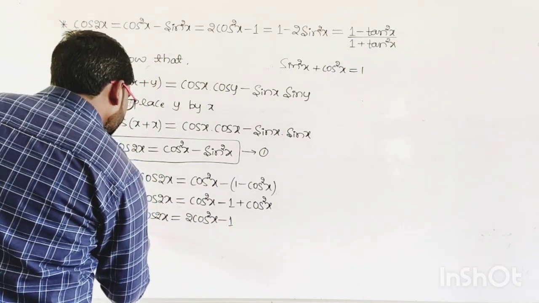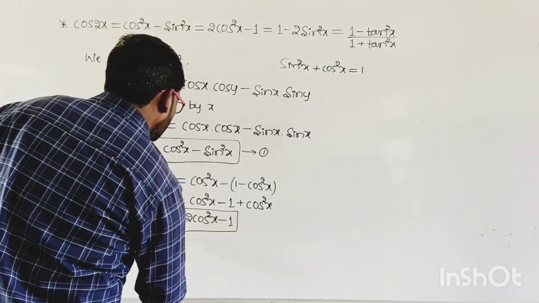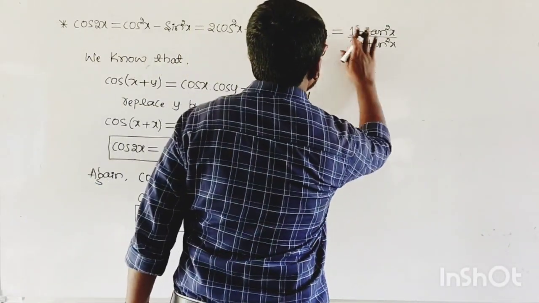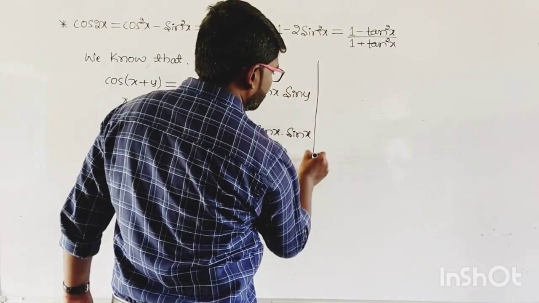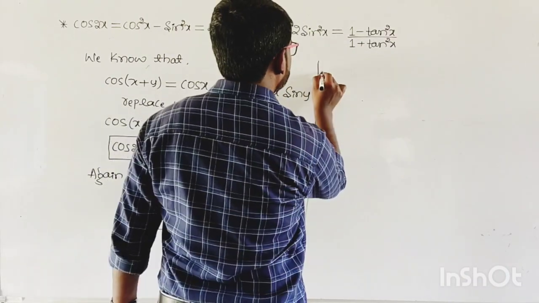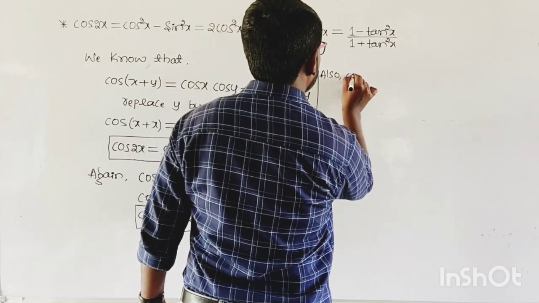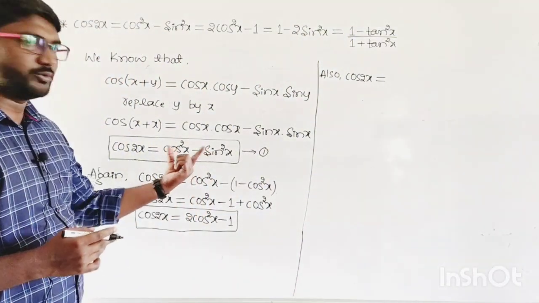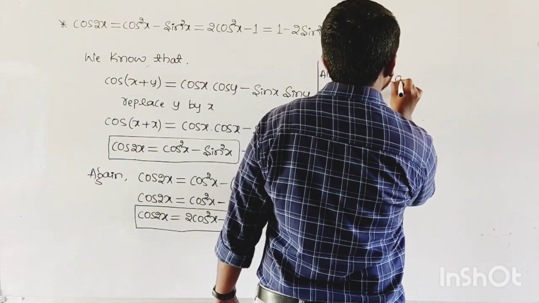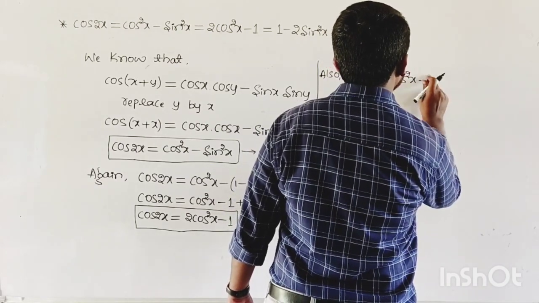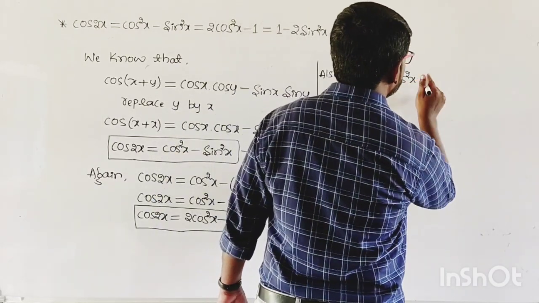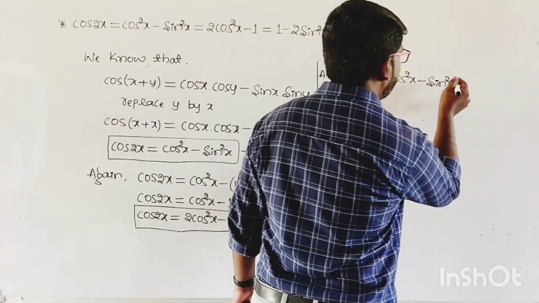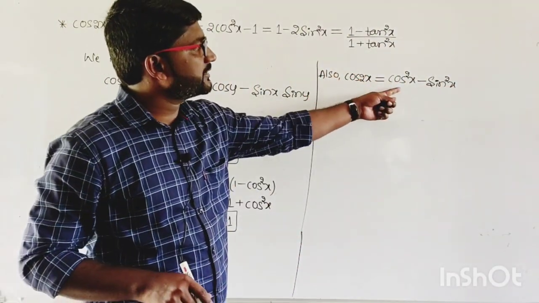So let me go for the third result, that is cos 2x which is equals to 1 minus 2 sin square x. Here also, cos 2x which is equals to, so again we have to consider this result only, cos square x minus sin square x. Now in the previous case we had changed sin square x, now I am going to change cos square x.